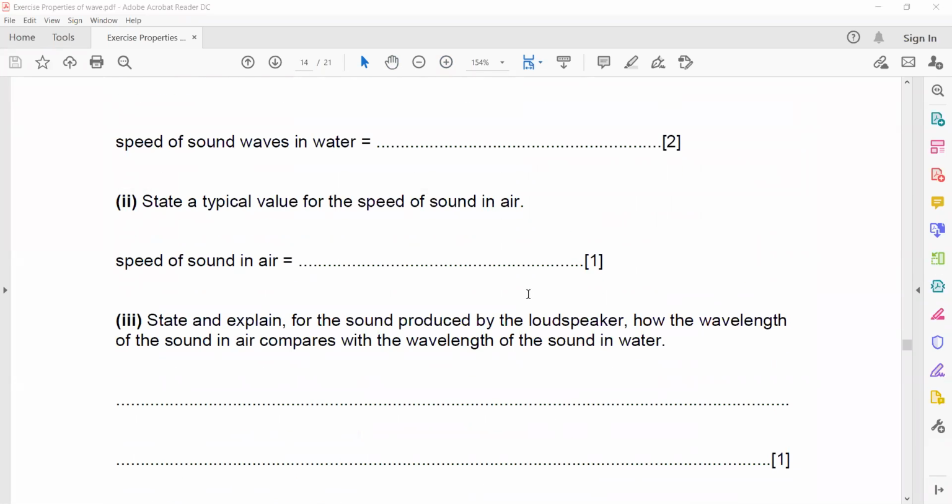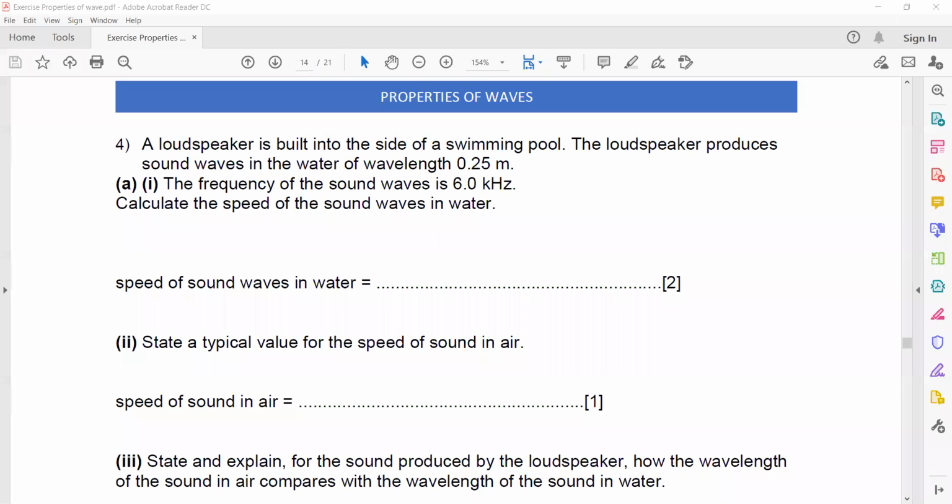As we discussed, sound travels faster in water or liquid compared to gas. The speed of sound in gas is about 330 or 340 meters per second, so it is slower. If speed is less, the wavelength will be shorter, and if it's moving faster, the wavelength should be longer, but the ratio between the speed and the wavelength will remain the same.